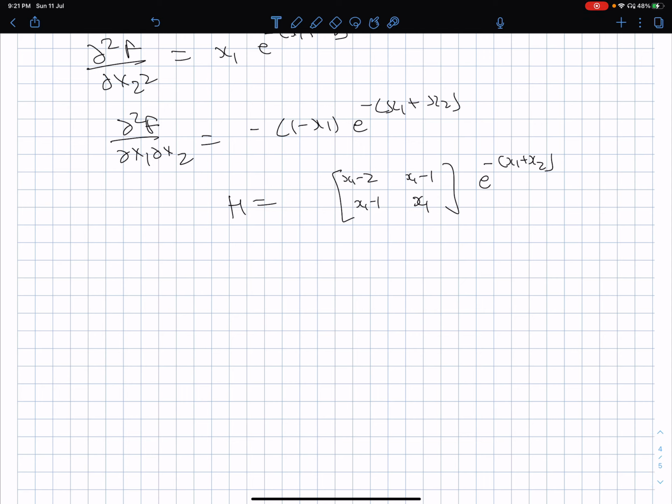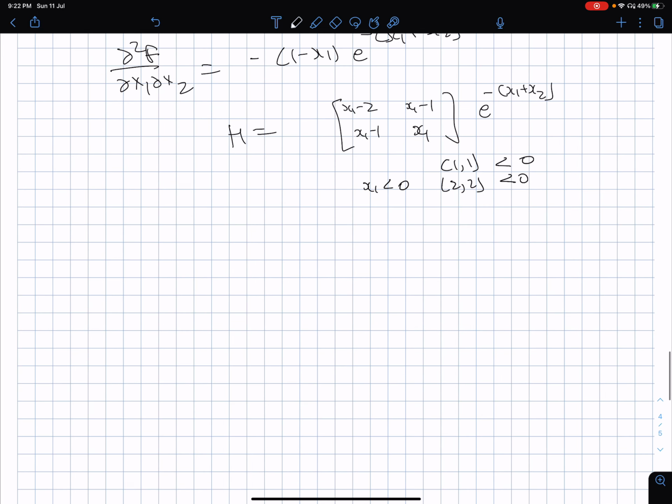Now since there is no restriction on x1, x2, it is clear that if I take x1 less than 0, then the 2 comma 2 entry will be less than 0. And similarly 1 comma 1 entry is also going to be less than 0.